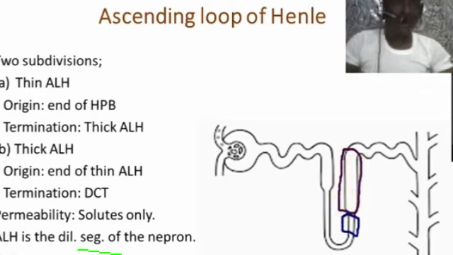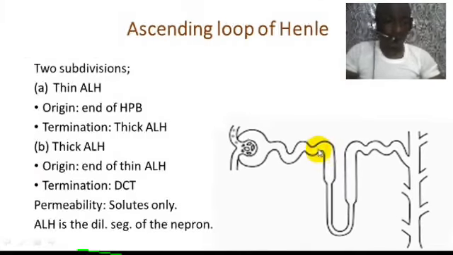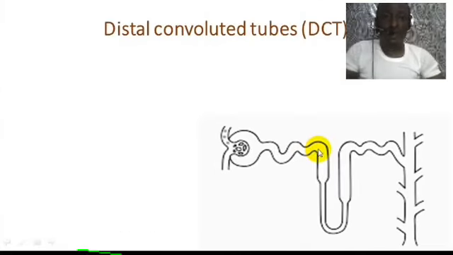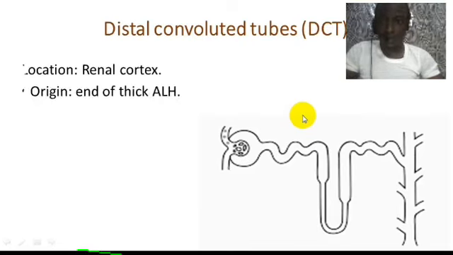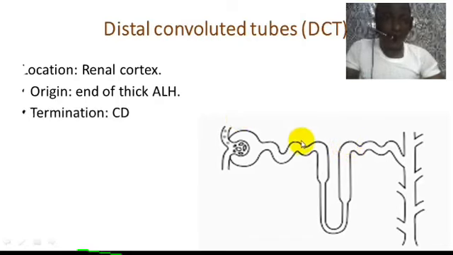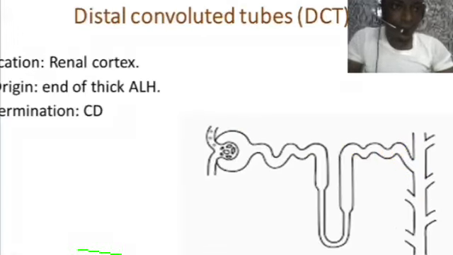Alright, going forward, the distal convoluted tubule. The distal convoluted tubule is located in the renal cortex. It takes its origin from the end of the thick ascending loop of Henle, from here, and it terminates at the collecting ducts. That's from this part down to this part.